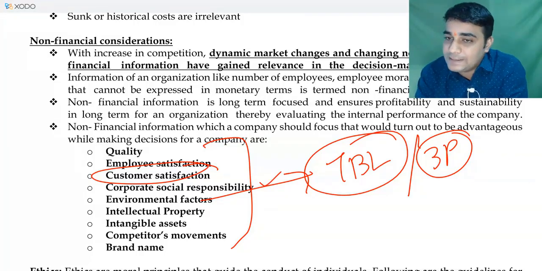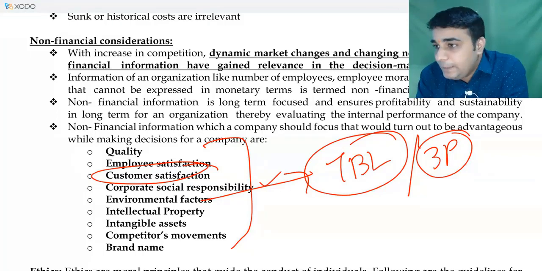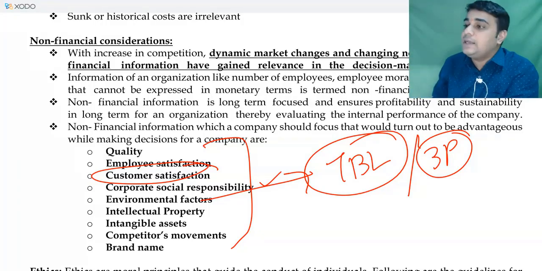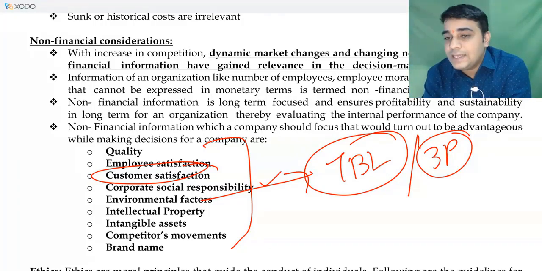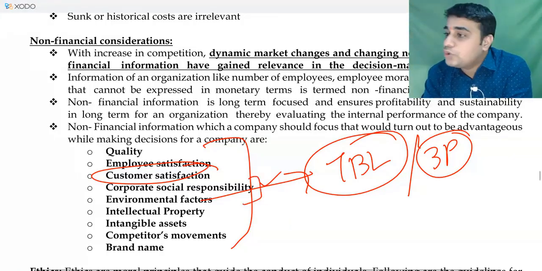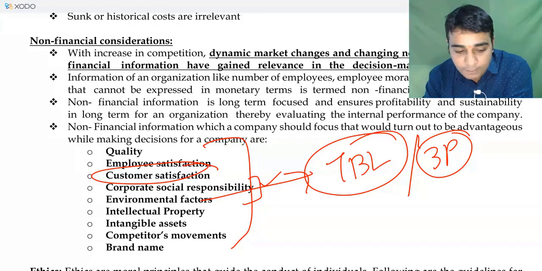Bottom line means the final profit, but profit is not the only bottom line an organization needs to focus on. There is an environmental bottom line, there is an economic bottom line, and there is a social bottom line. These two points are part of the social and environmental bottom line.